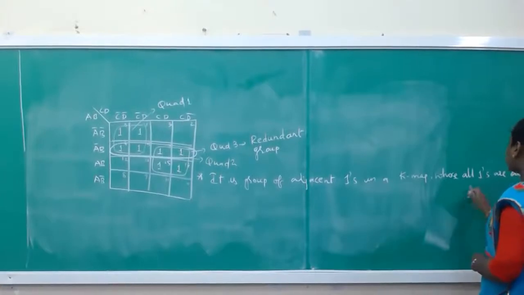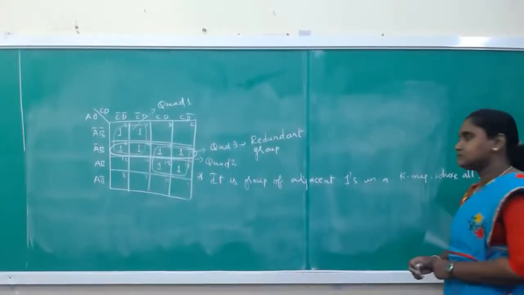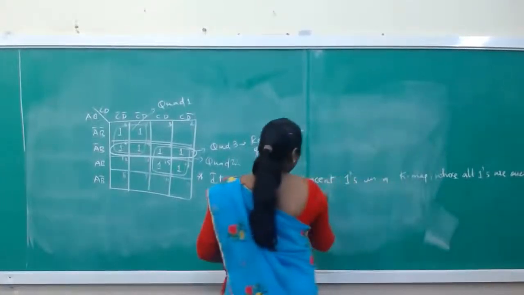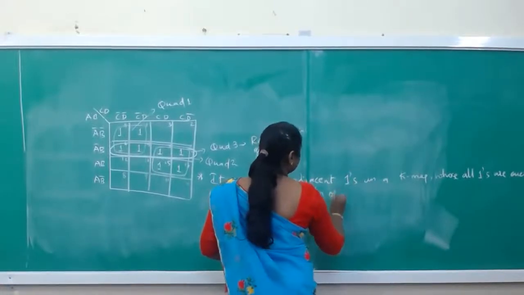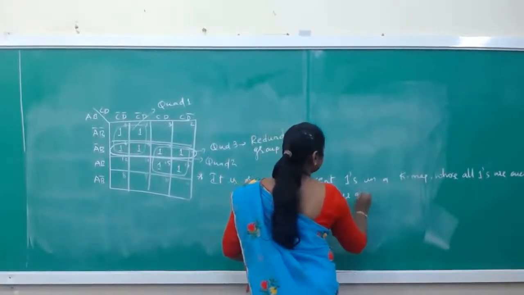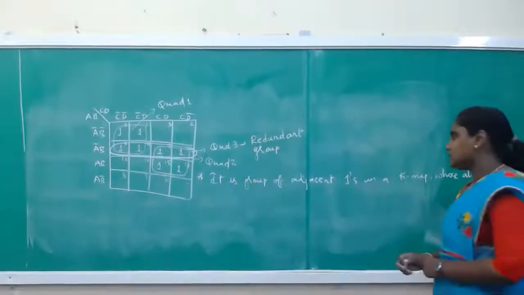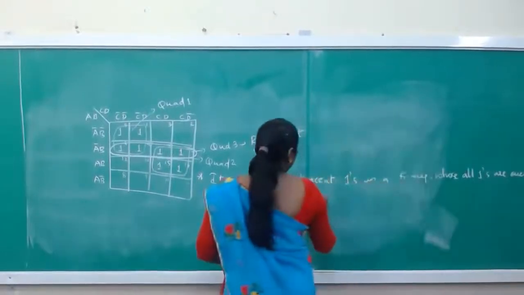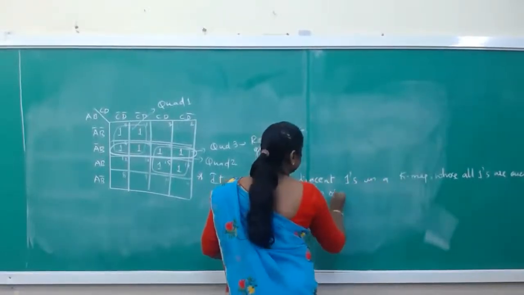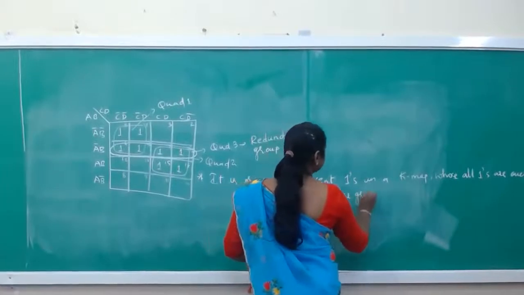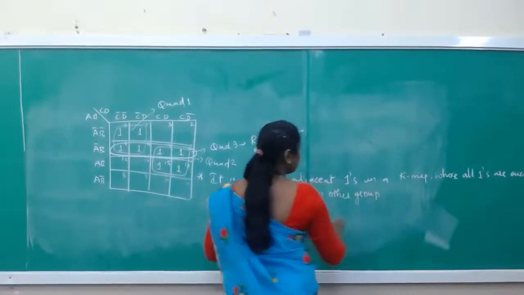Otherwise, all the ones are already existing in another group. So what does this mean?